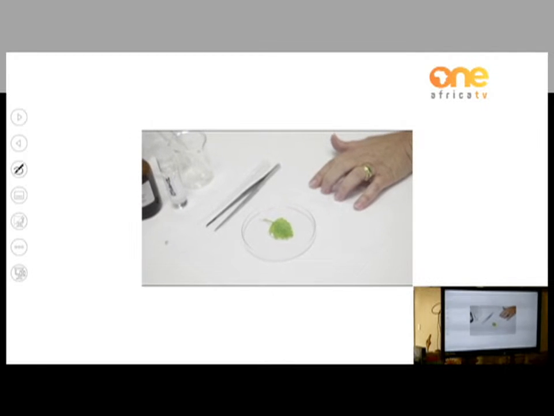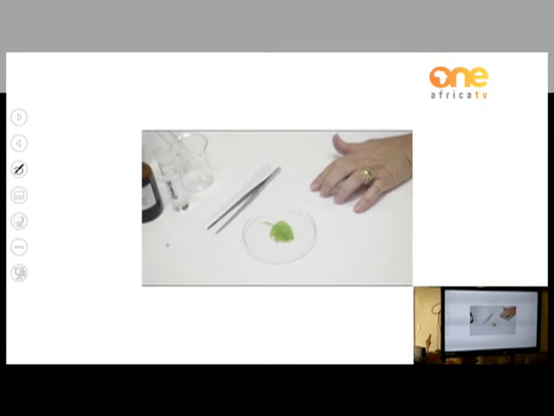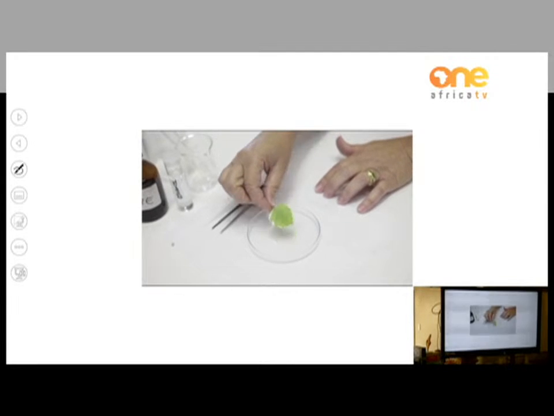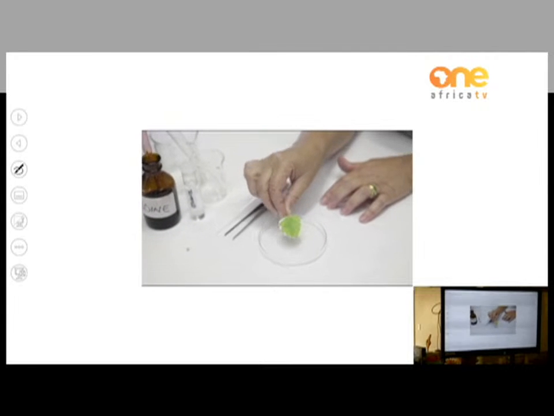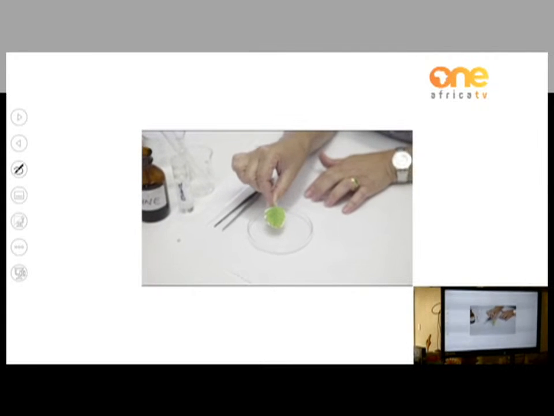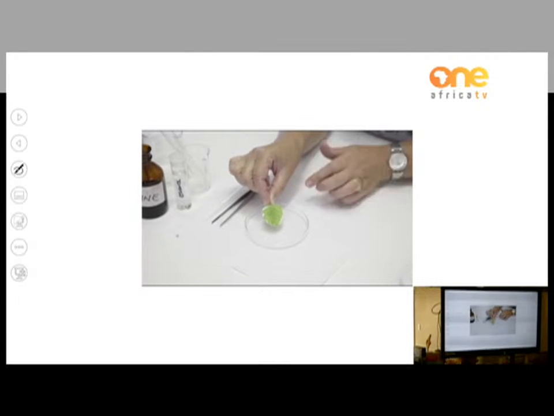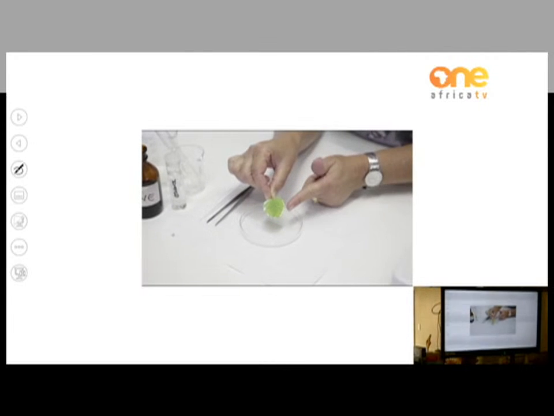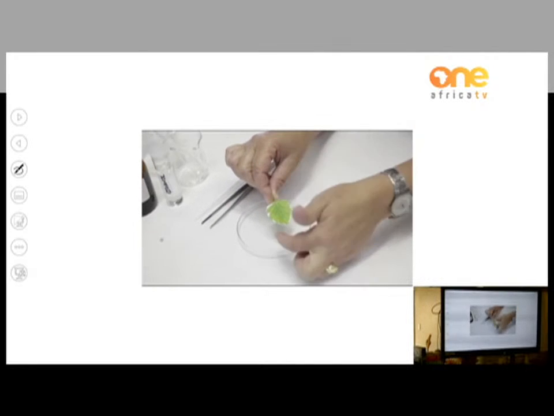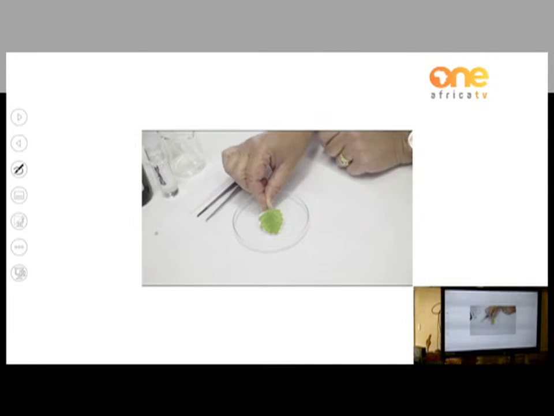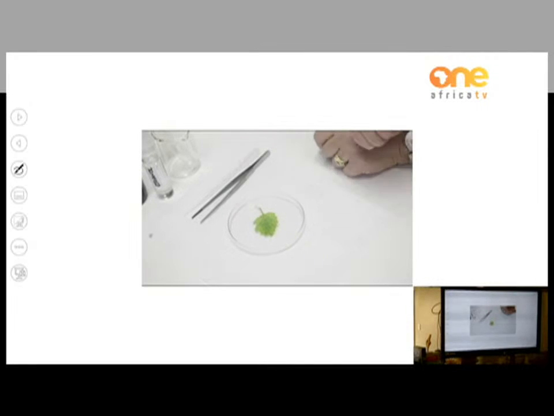For the practical, you would need a destarched leaf which is variegated, which means that there are parts that are green, which contain chlorophyll, and other parts, if you look on the margin here, where no green pigment occurs, and that's why it is colorless.